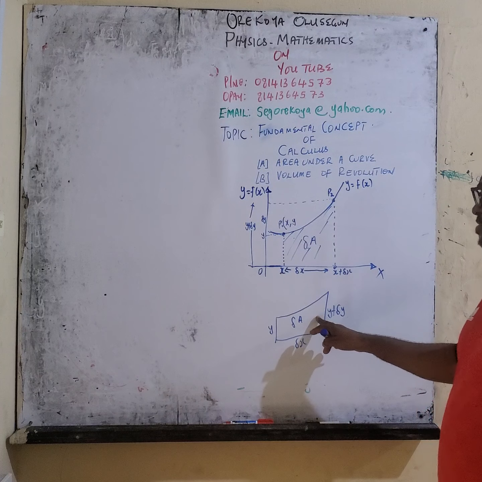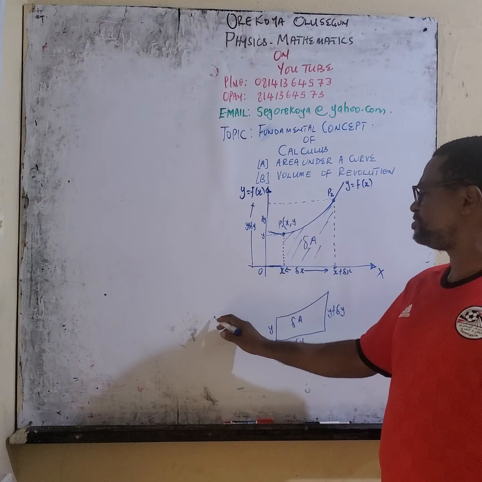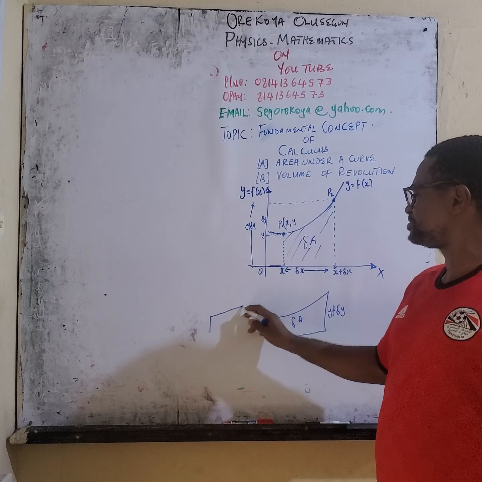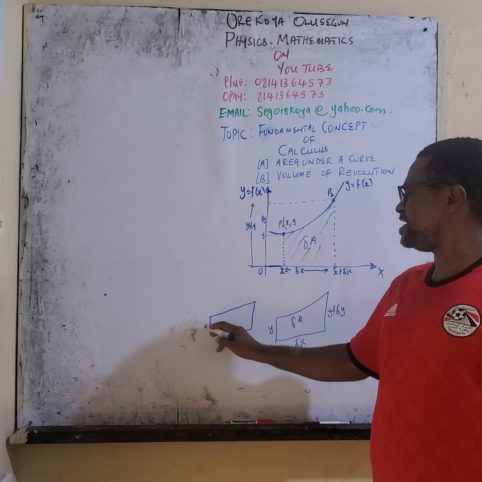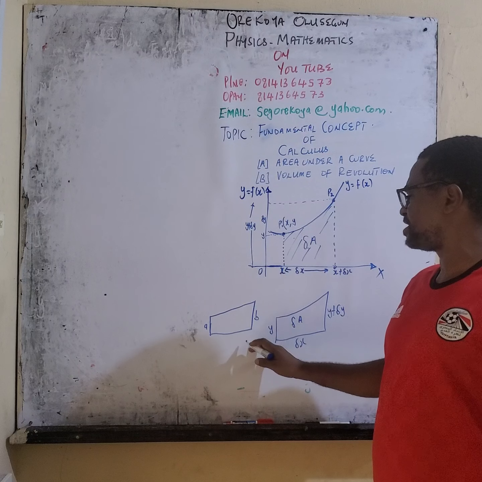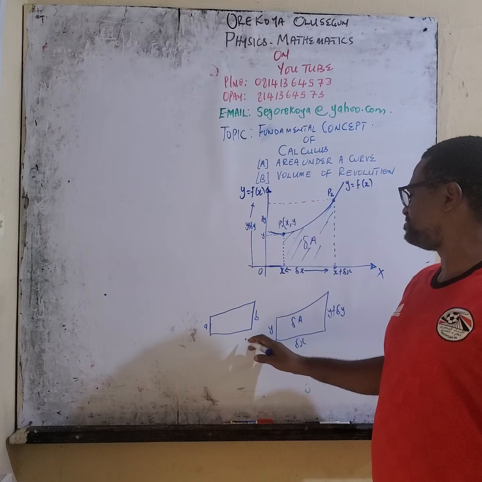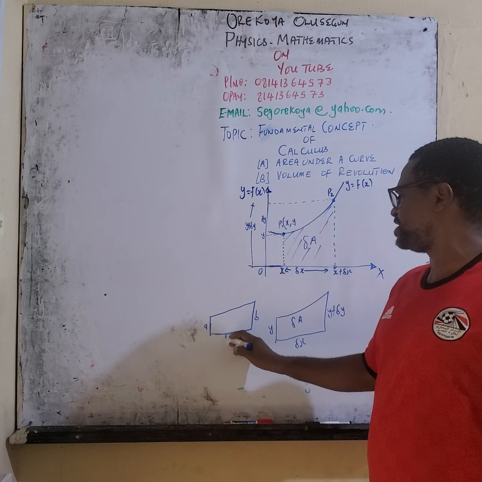If you look at this shape very well, this shape almost resembles a trapezium, like this, such that this place will be the A and this place will be the B of your trapezium, and the distance between them here is h.